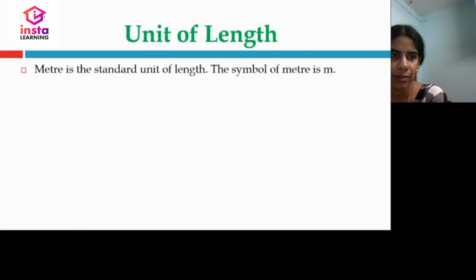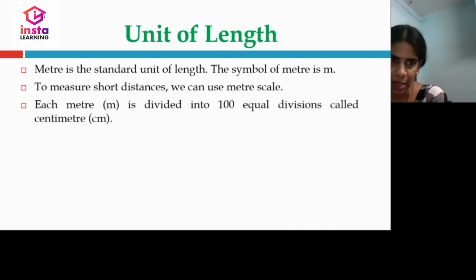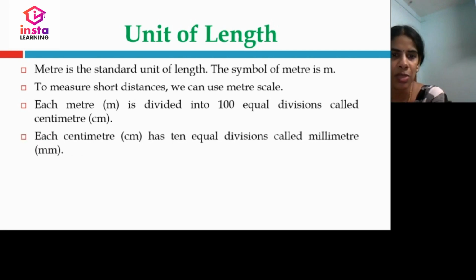Let us now discuss the unit of length. Meter is the standard unit of length. The symbol of the meter is m. To measure short distances, we use a meter scale. Each meter scale is divided into 100 equal divisions called centimeters. Each centimeter has 10 equal divisions called millimeters.